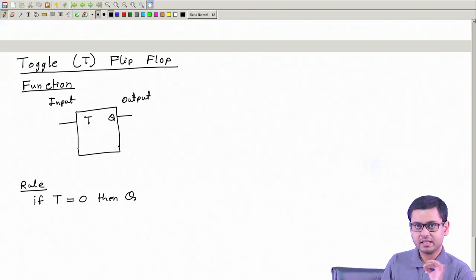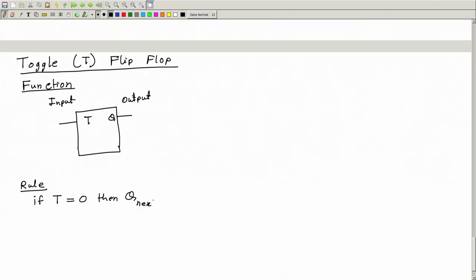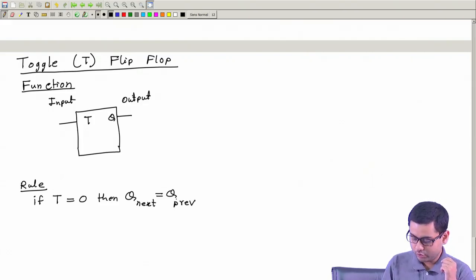If Q is now 0, then Q will remain at 0. If Q is 1, then it will remain at 1. So, I can write Q next, next meaning at the next instant, is equal to Q previous, that means the value of Q at the previous instant.